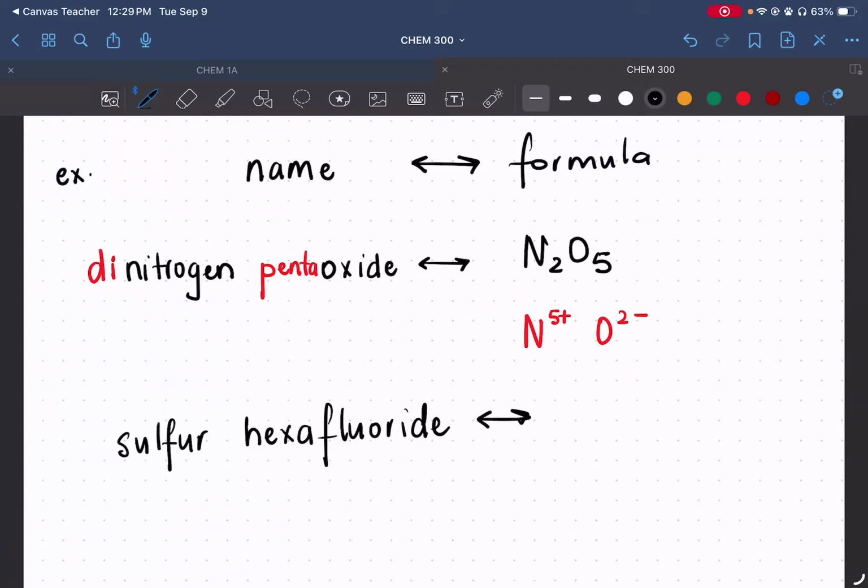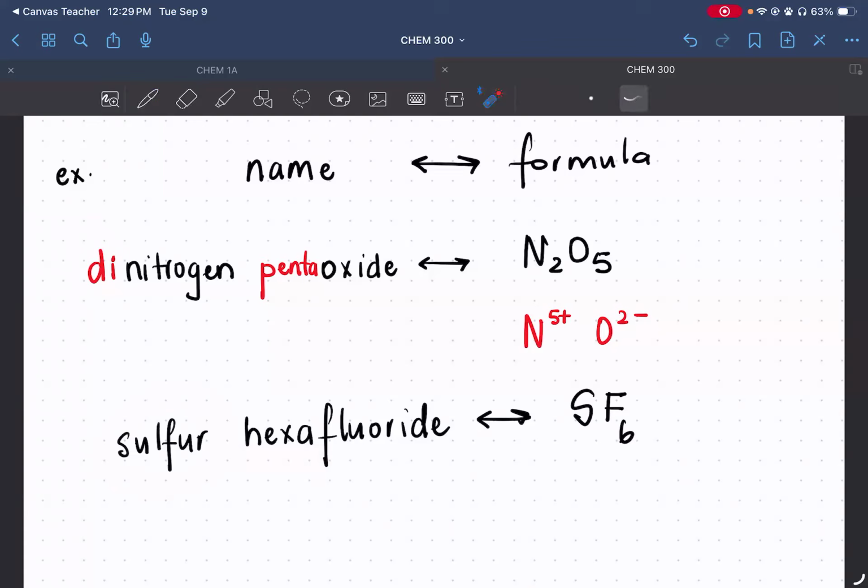Now, the beauty of covalent compounds is that to go from name to formula, there actually isn't that much thinking behind it because everything you need to know is in the name. There's no guesswork. Sulfur, there's only one of them, so it's S. Fluorine, and before the fluorine is hexa, telling us there are 6 of them in total.